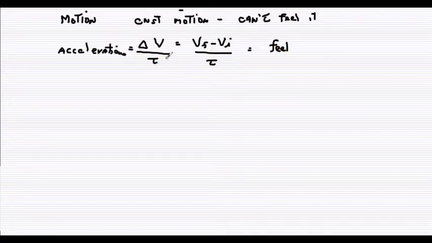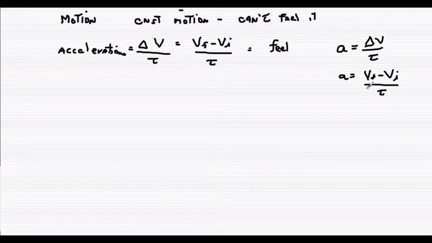Okay? Well, that just gave us another formula. A is equal to a change in velocity over time. And that is the same as A is equal to V final minus V initial, again, initial meaning start, over time. And we can feel this.